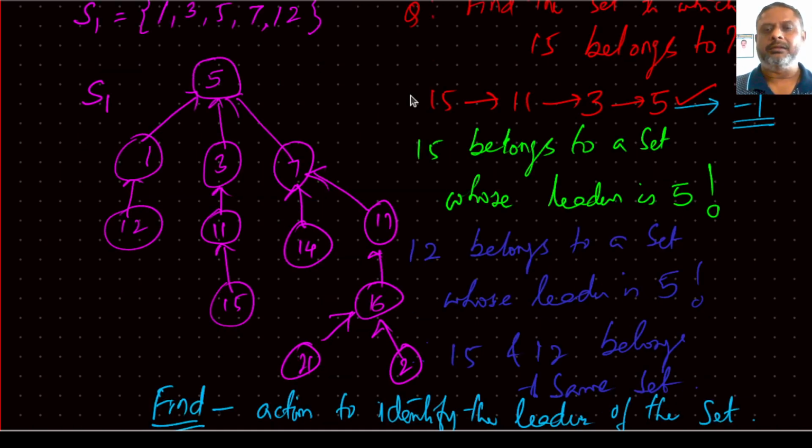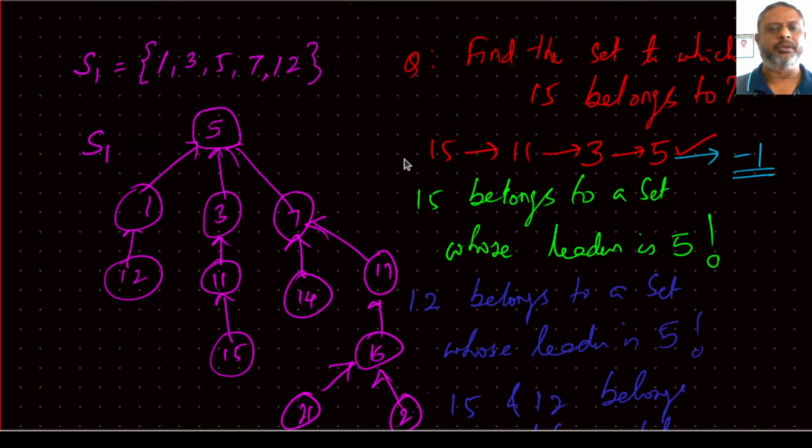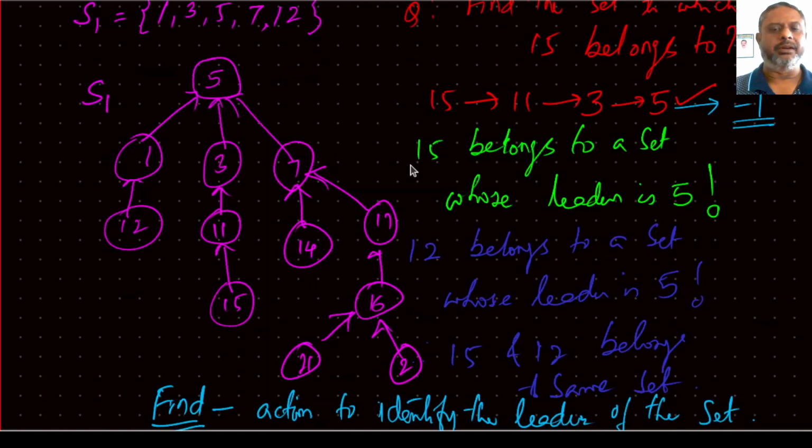Then we found, how do you identify which group an element belongs to? The only option is to reach the root. So how did we reach the root? If we started from 15, then from 15 we went to 11, from 11 we went to 3, from 3 we went to 5, and from 5 we got minus 1, which states that there is no more possibility to move further.